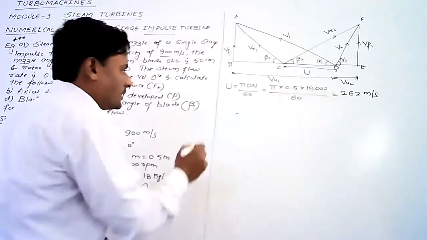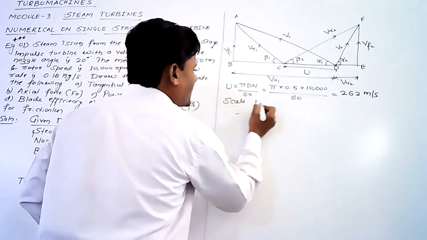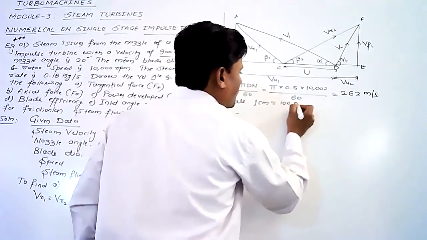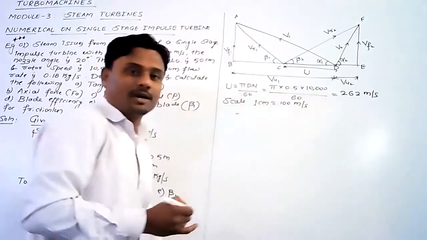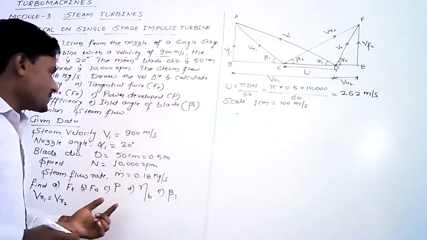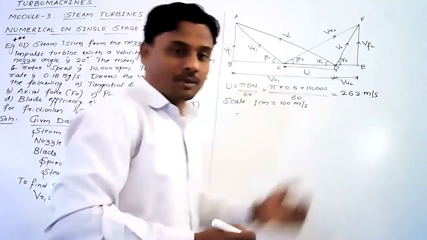Now take the scale as 1 centimeter equals 100 meter per second. So here U will be equal to 2.62 centimeters.